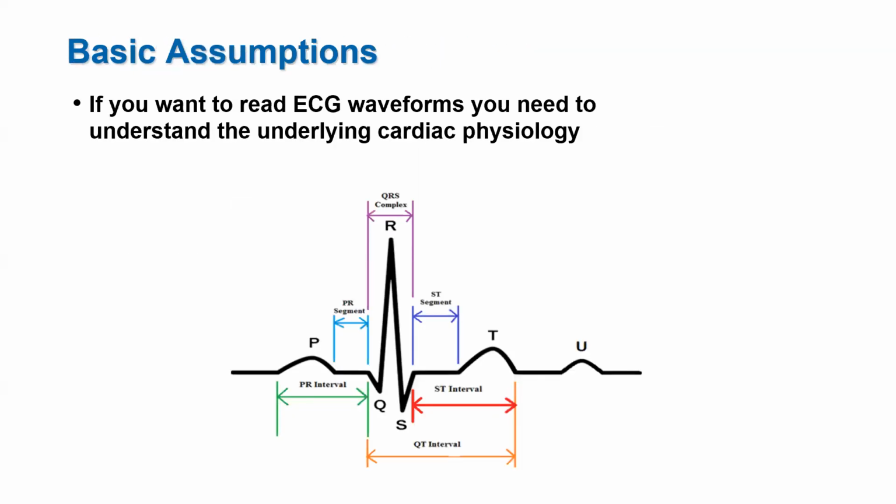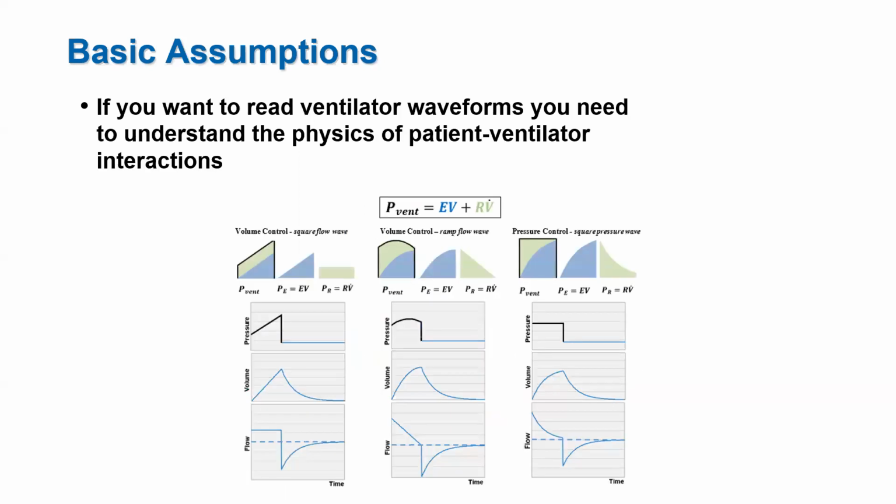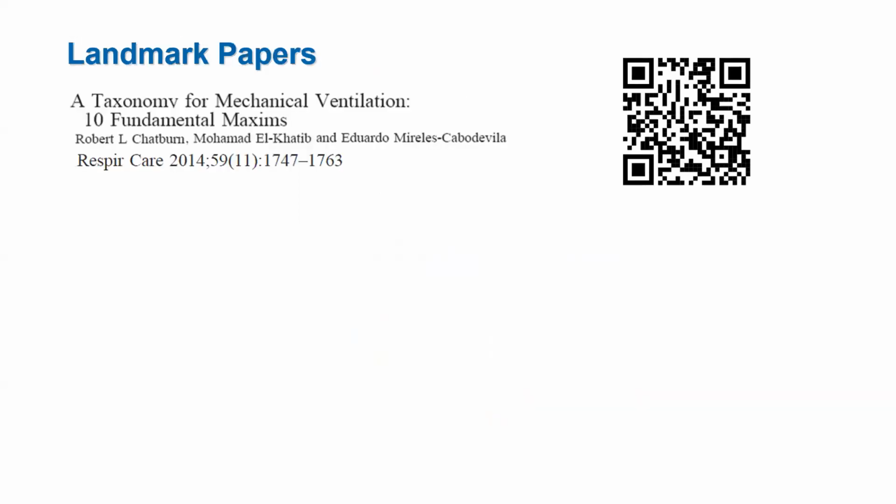You would no doubt agree that if you want to read ECG waveforms, you must first know something about the underlying cardiac physiology. In the same way, if you want to read ventilator waveforms, you need to understand the underlying physics of patient-ventilator interactions. What we will discuss today is based on 3 important papers.